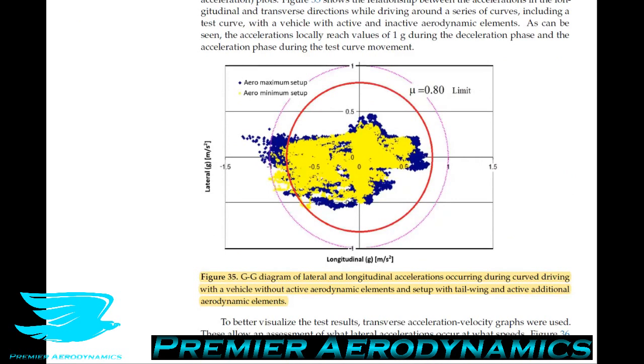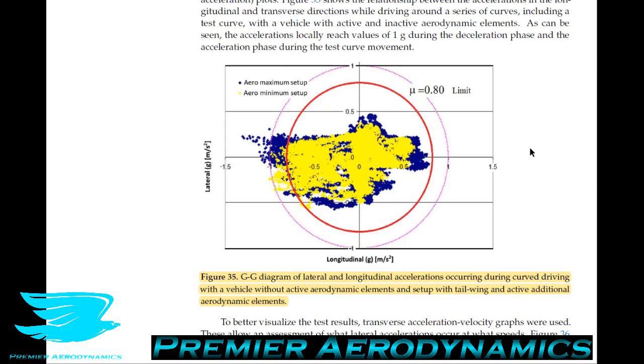So after they ran this car around the track, they looked at the lateral g-forces and the longitudinal g-forces. So in other words, the longitudinal g-forces are in the driving direction, whereas the lateral g-forces are from side to side. And they have this plot here in figure 35 showing the g-forces pulled in the minimum aero setup and in the maximum aero setup. And it's pretty cool.